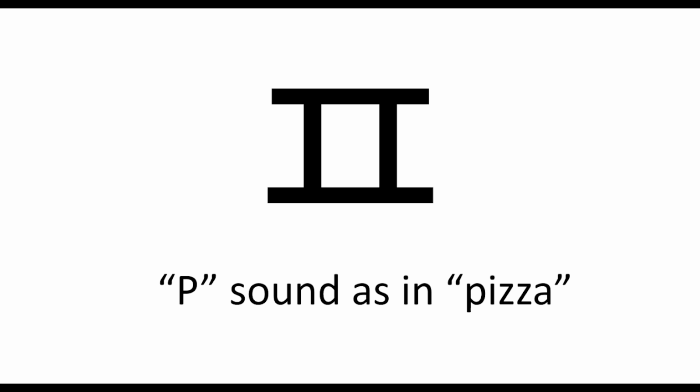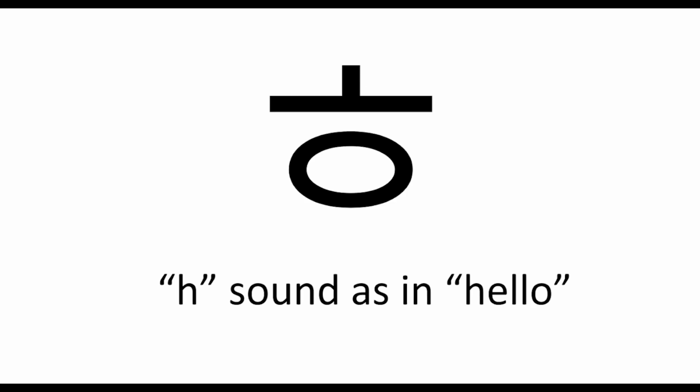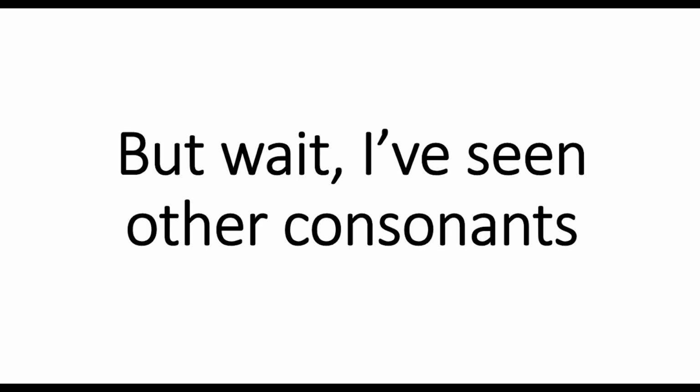So P, P, P. Now, 피읖 and 비읍 are different shapes and different sounds. We have to remember that. 히읗 has an H sound, as in hello. So H, H, H. And again, just like the 키읔 before, 히읗 can be used to laugh as well, just like h, h, h.